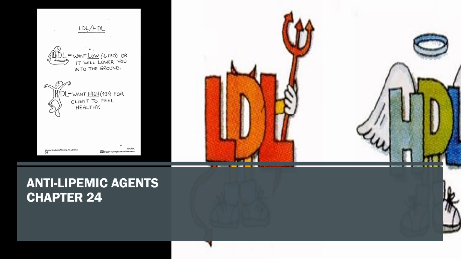So we want the LDL to be low. And then the HDL is the good one. We want the HDL to be high. H for high, L for low. That's what we want it to be. That is our ideal. So our LDL, we want below 130. And then HDL above 35 are our goals.